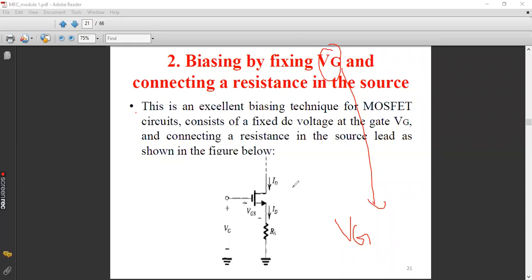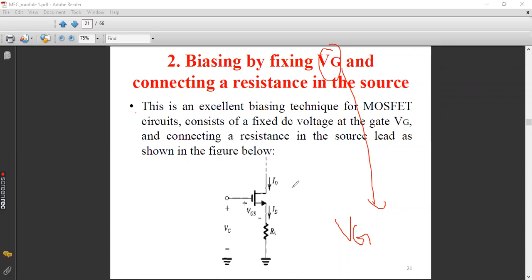VG means the voltage at the gate with respect to ground. In the previous case, it was the voltage at the gate with respect to source, but in that case the source was grounded. That's why we took it as VGS. Here we can't take it as VGS because in the source we have connected an external resistance RS. Source is not directly grounded.